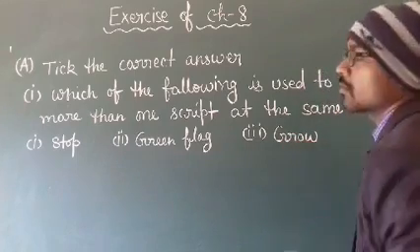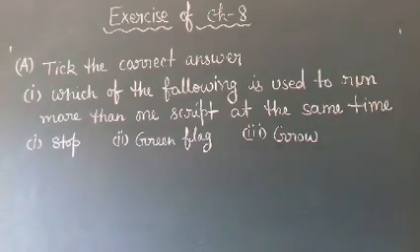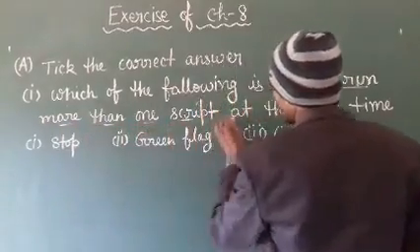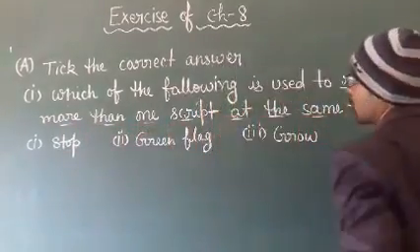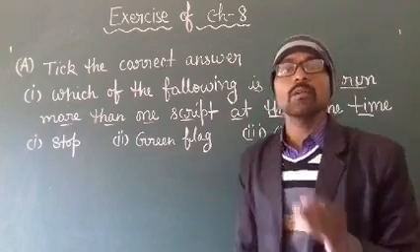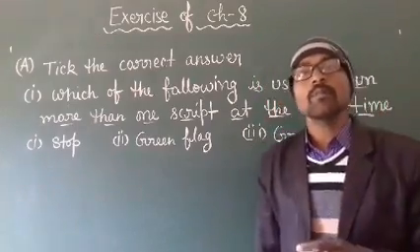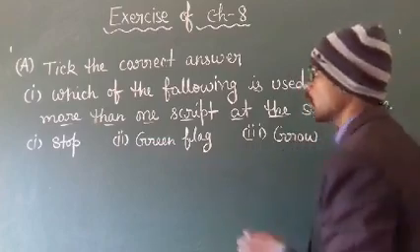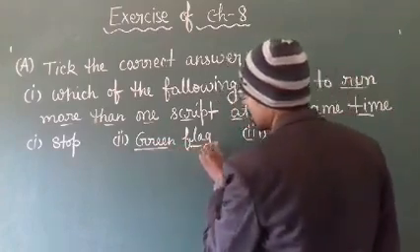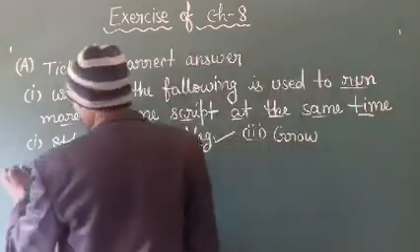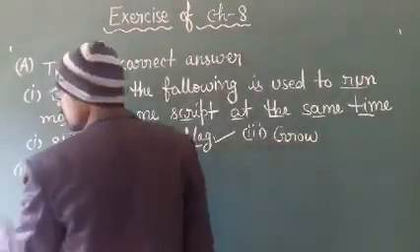Okay student, the question is which of the following is used to run more than one script at the same time. Students, if you want to run more than one script at the same time, you have to click on the green flag button. Option number second is the right answer. Now come to the question number second.